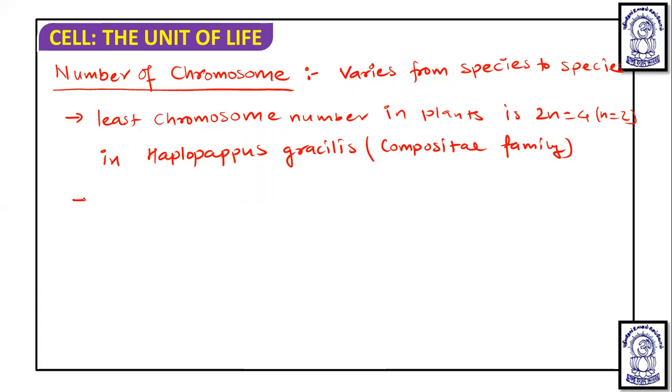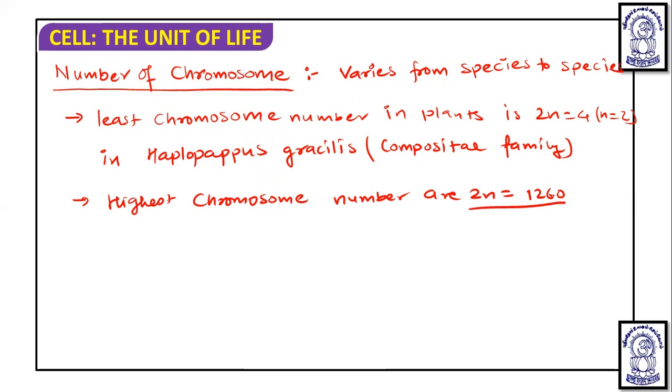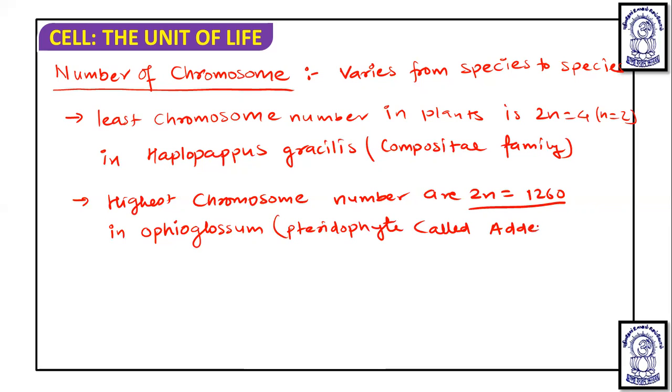whereas the highest chromosome number is 2n is equal to 1260 in Ophioglossum, and Ophioglossum is a pteridophyte, and this pteridophyte is called adder's tongue.